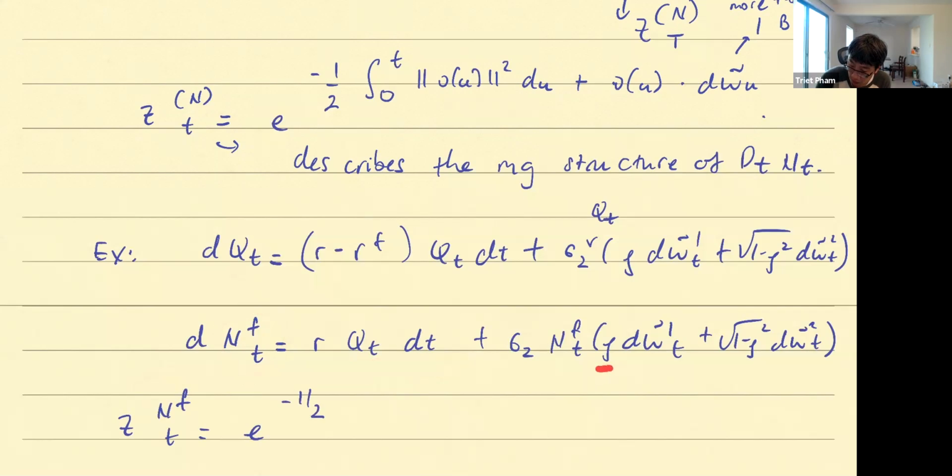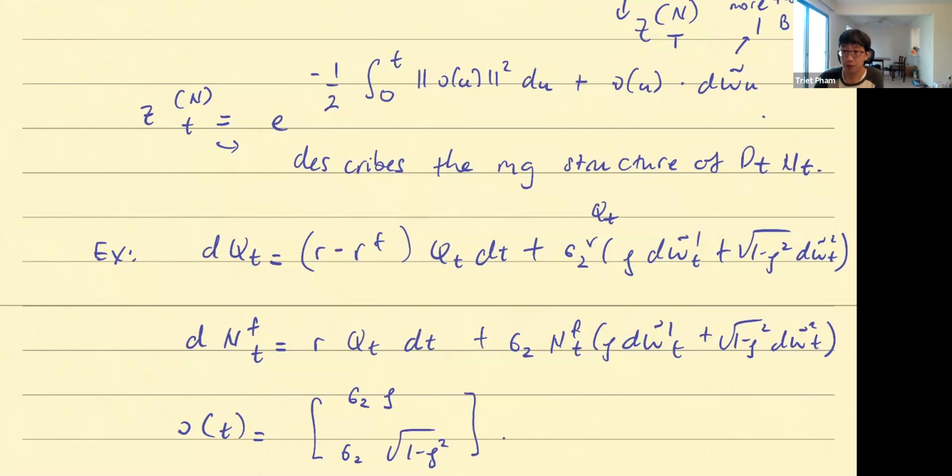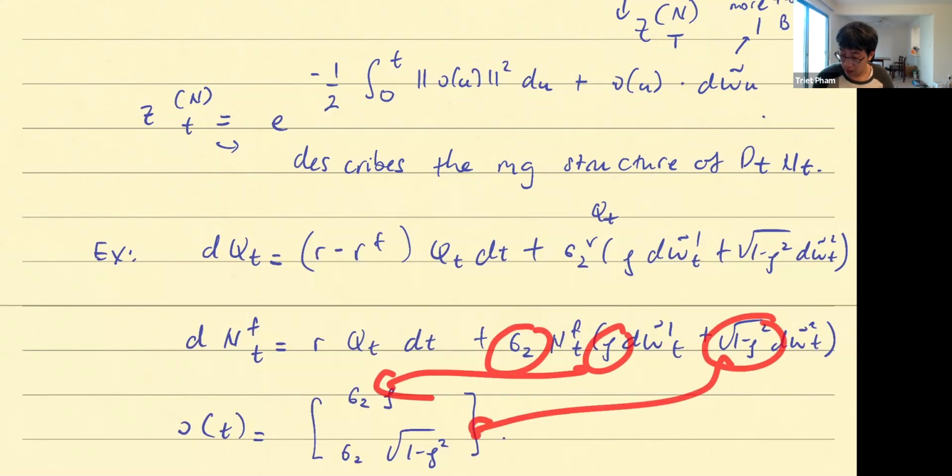So here, maybe let me write the other one first, that mysterious object for you. The new process u(t) will be a vector of sigma_2 times rho and sigma_2 times square root of 1 minus rho squared. That's the process, because it is the one associated with the Brownian motion. So it's your volatility term, but it has two components, you see this and this.